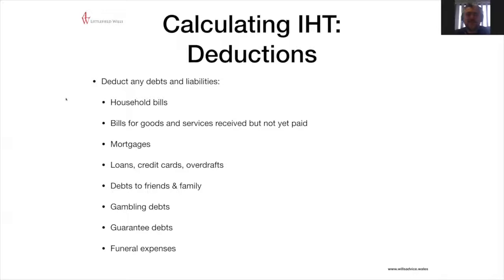Loans, debts to families, gambling debts. Gambling debts, provided they're legally enforceable, are a debt owed by the estate. Guarantees, obviously, a guarantee is a promise to cover someone else's debt if they can't pay it themselves. You may be able to make a deduction in respect of that.